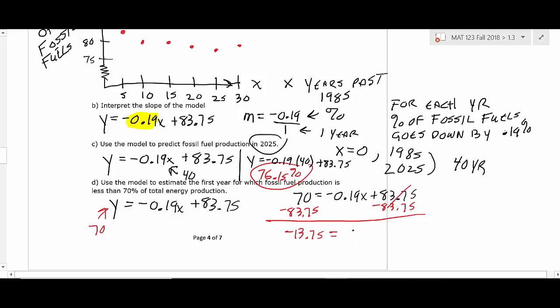I'll cross that out, negative 0.19x like that, and then finish up by dividing by the number in front of x, and then we should have a reasonable solution here, hopefully. Okay, so let's see, I'll take the negative 13.75 divided by negative 0.19, and what I'm getting is x equals about 72.4 is about what I'm getting.